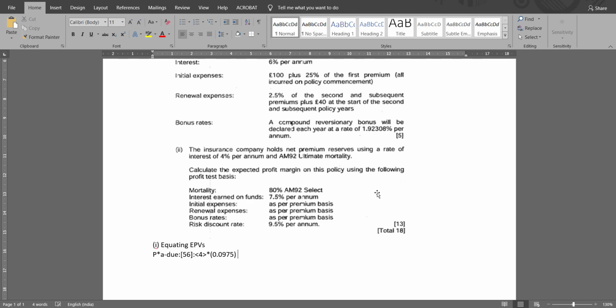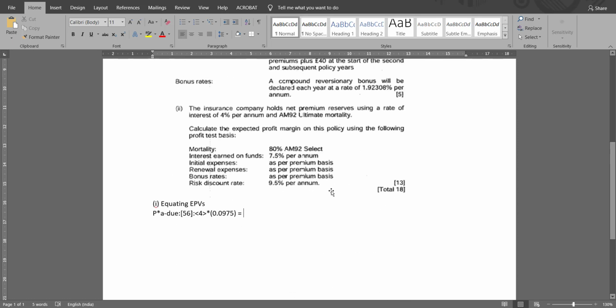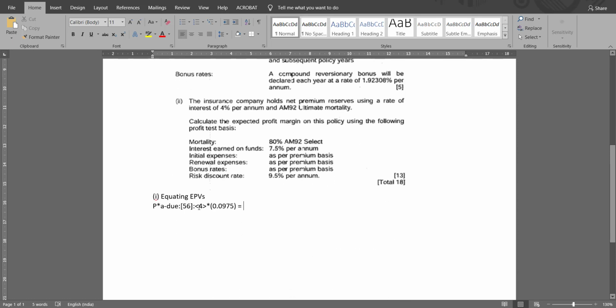This is one thing to take. Then you have your expenses and benefits. What I'll do is equate this with the EPV of benefits, which is calculated at 6% per annum. So this is ä at the rate 6%, and you have taken this factor.